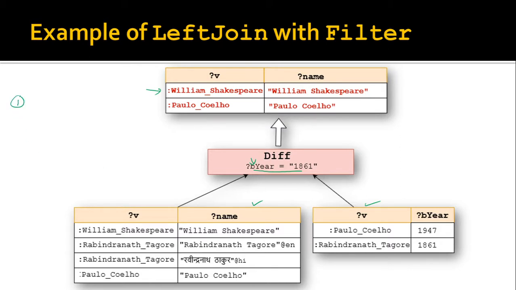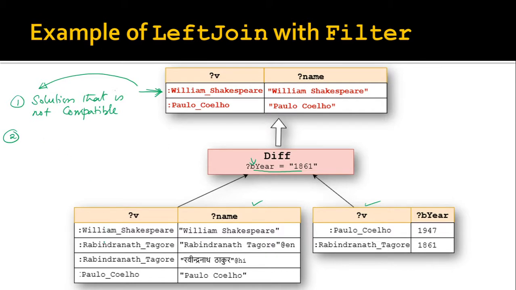The first condition is a solution that is not compatible. So this first row aligns with this first condition. Now there is another condition.